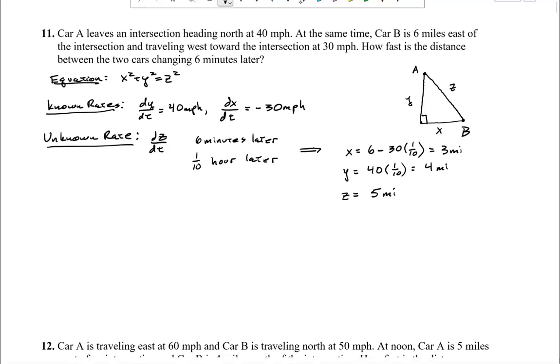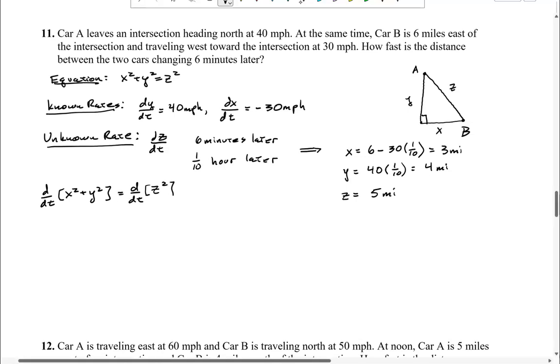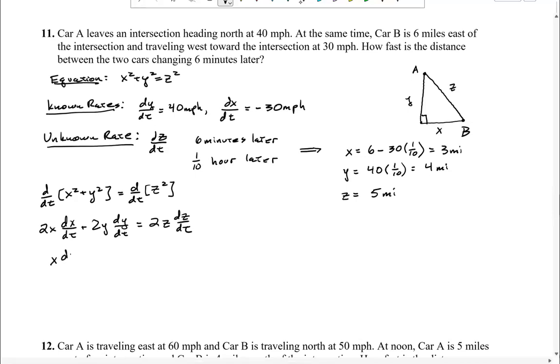So now we'll take our Pythagorean theorem and differentiate with respect to t. Dividing everything by 2.